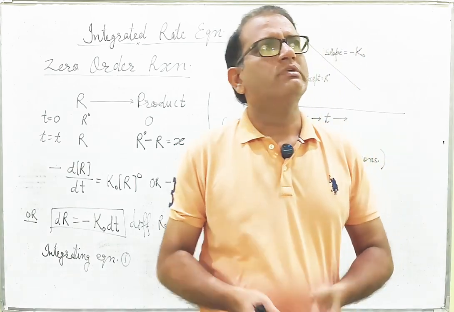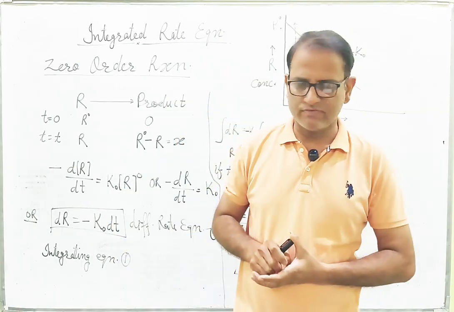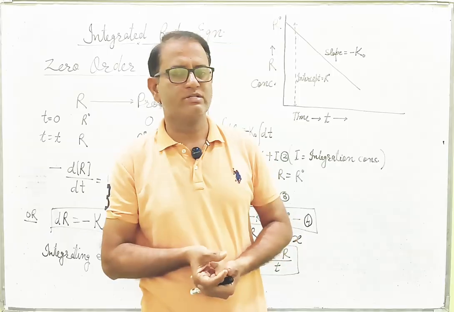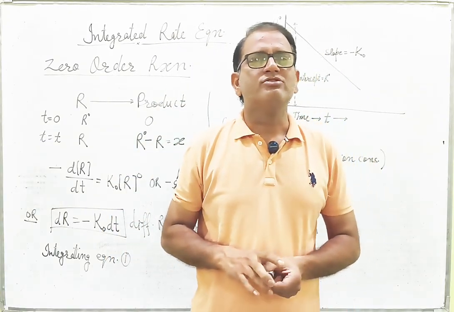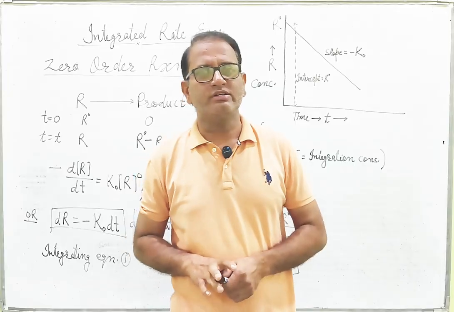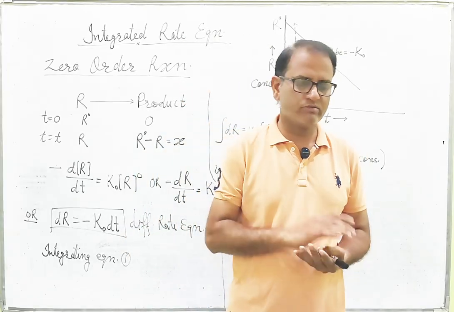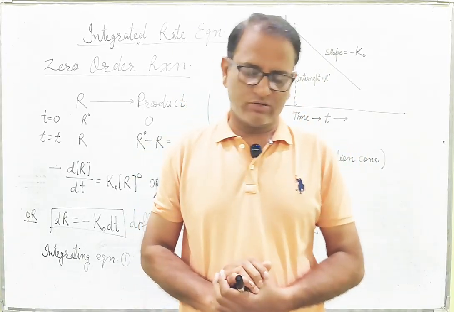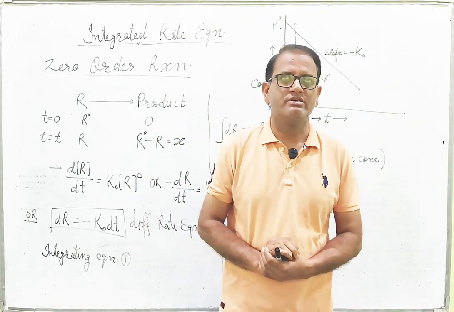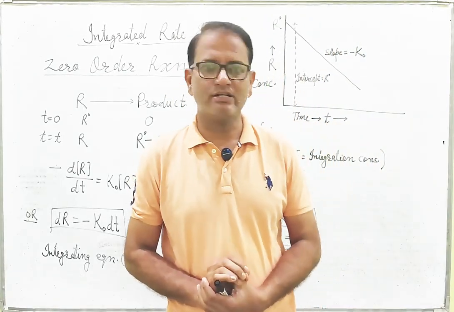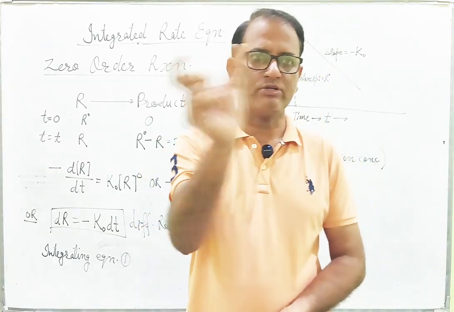In instantaneous rate we take a small change in concentration and small time interval, and that is not always convenient to calculate the rate law, to calculate rate constant on the basis of instantaneous rate. It's a little bit challenging work because we are taking a small part of reaction.